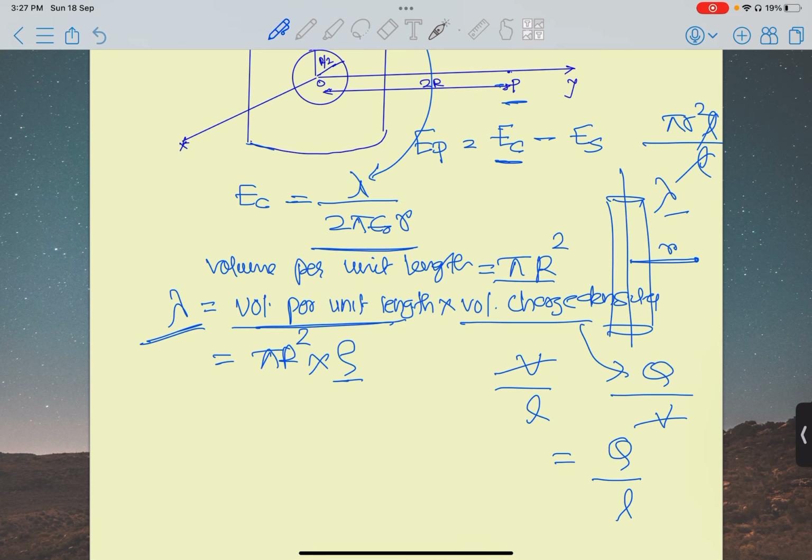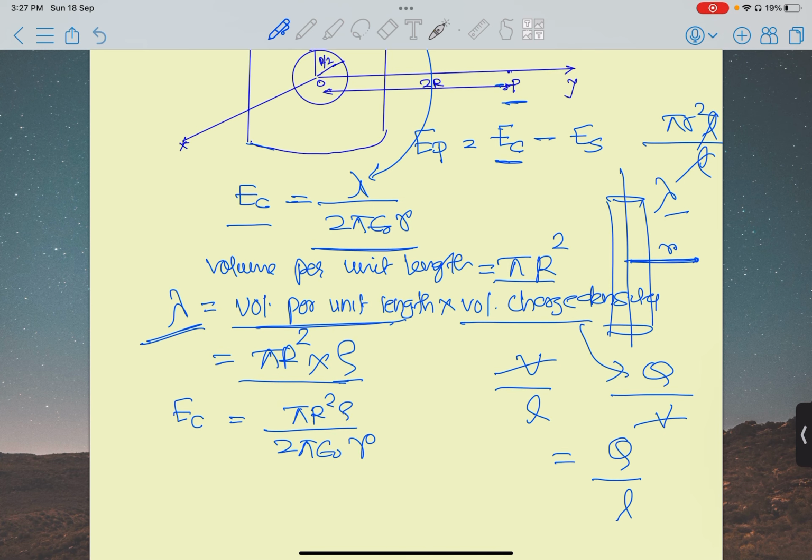Now we will substitute this formula in E_C. So what our E_C becomes? Pi R square rho divided by 2 pi epsilon naught r. But what is the r?